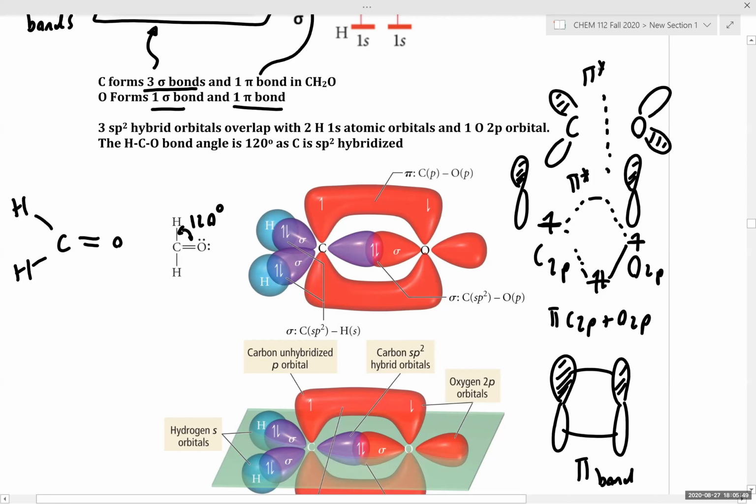This would be a pi star for our carbon 2p plus oxygen 2p. Do these pictures make sense for our pi and pi star orbitals? They're thematically very similar to our sigma bonding orbitals, except the pi bond is perpendicular to the bond axis. Does that make sense to everyone?